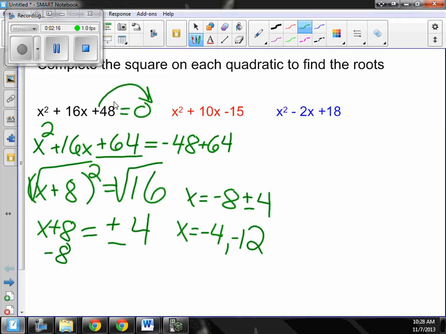Could I have factored this one? Well, it would have been x plus 4 times x plus 12. And then when we change them, we would have got the same answers. So I could have taken the original and turned it into x plus 4 and x plus 12, and those are going to give me the same roots.